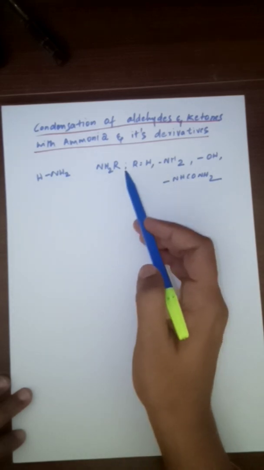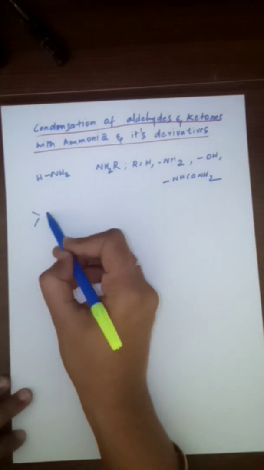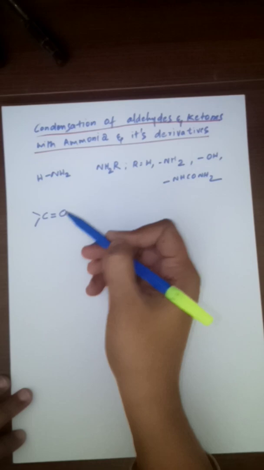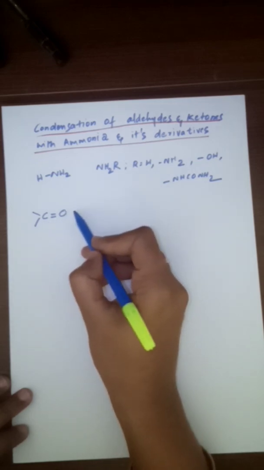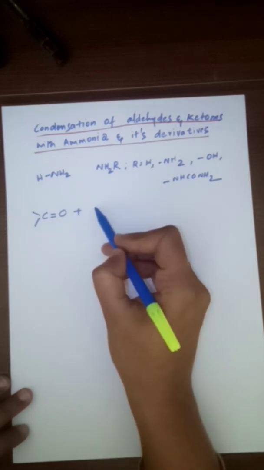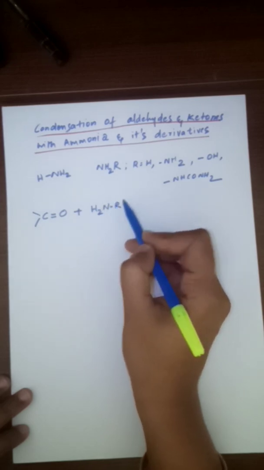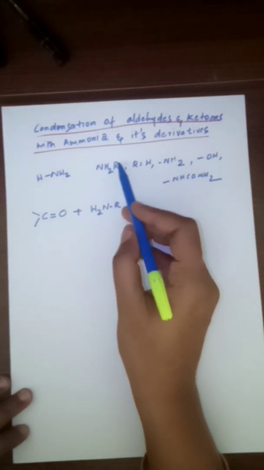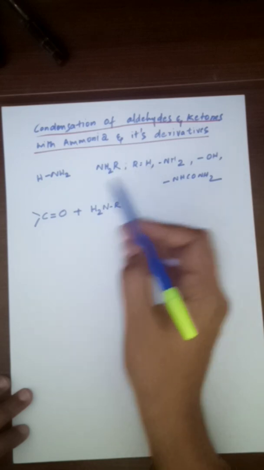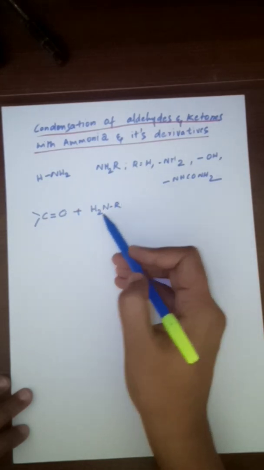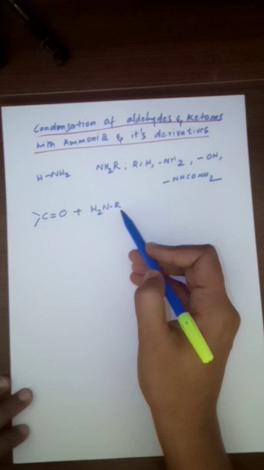So when these react with carbonyl compounds, what is happening? Let us see. This is a carbonyl compound plus the ammonia derivative. I am writing H2NR. You will get ammonia when R is equal to H.